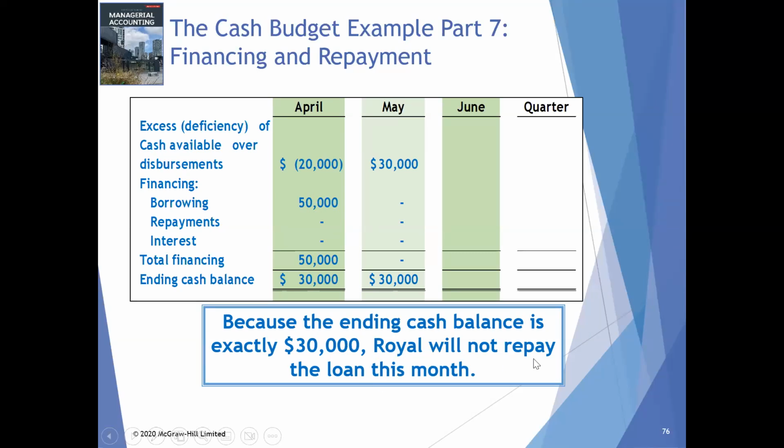The Royal will not repay the loan this month, because only 30,000 positive cash is there and we need more than that. According to the condition, $30,000 should be the ending cash balance, which is exactly here.